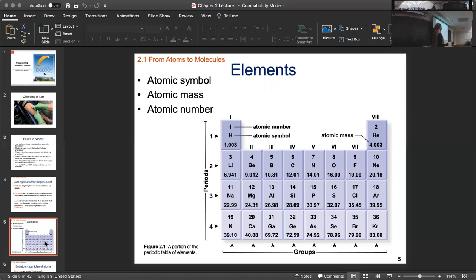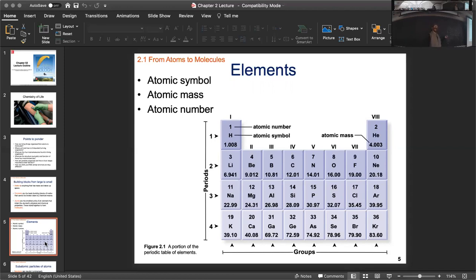The first thing is called the atomic symbol. That atomic symbol is essentially the letters that make up a symbol or abbreviation of what the name would be. We just gave a couple of examples here.